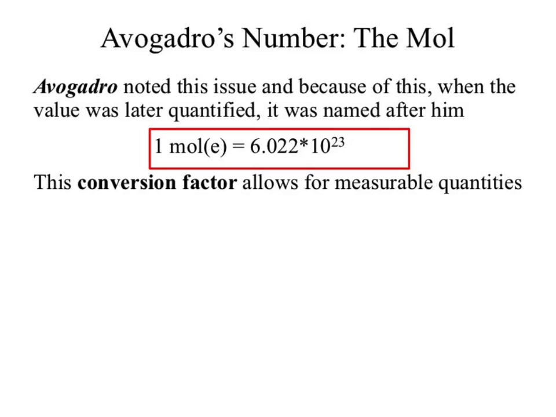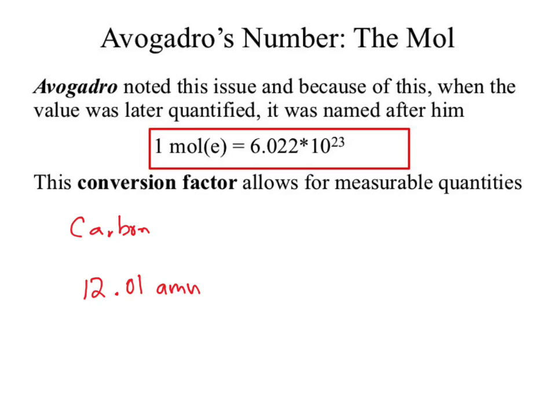The reason we picked that number was that it allowed us to scale the atomic weights on the periodic table from being atomic up to an actual measurement unit. So to give you an idea, we could do a quick walkthrough. If we look at carbon, the periodic table tells us that we have 12.01 atomic mass units.